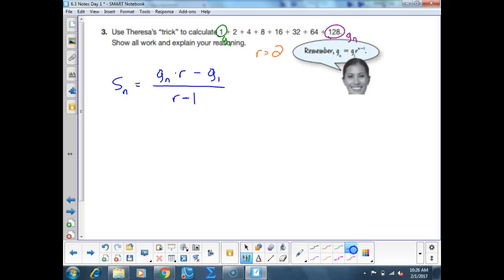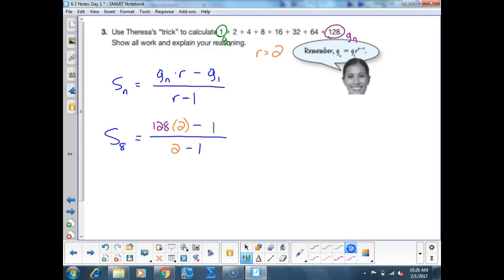So that is going to be 128 times 2 minus 1 all over 2 minus 1.